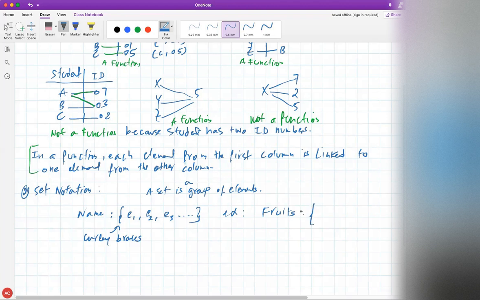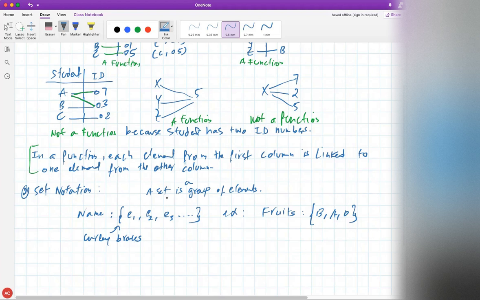So you're gonna write the name of the group, the colon, then the curly braces. Then you list your fruits inside, for example, bananas, comma, apples, oranges, and that's it. For example, this group has exactly 3 elements. That's it. These are your favorite fruits or the fruits you want to buy or something like that.